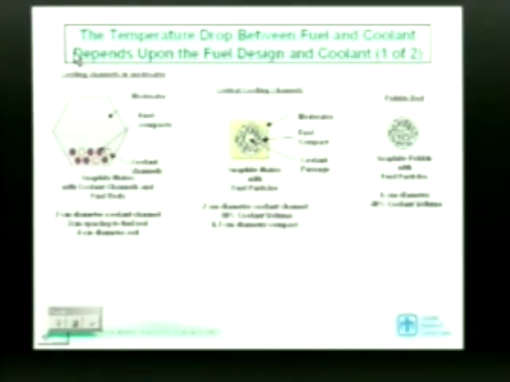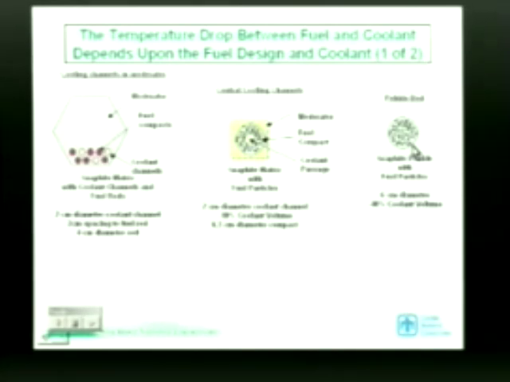In the next slide, I'm going to show you some numbers. I'd like to first point out, though, that if you're building a graphite reactor, you can make several kinds of fuel. You can make hexagonal blocks. You can make it in a form of a central cooling channel where you have an annular fuel zone with a cooling channel in the middle, or you can have pebble bed reactors, where the reactor has microspheres in a ball of graphite about the size of my fist, and you just fill up the whole reactor with these fist-sized balls until it's completely full.